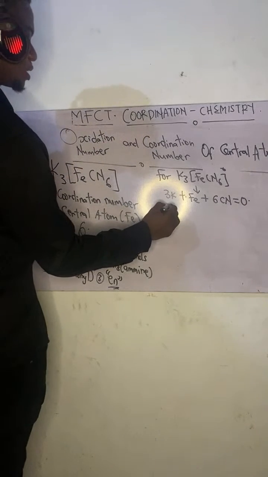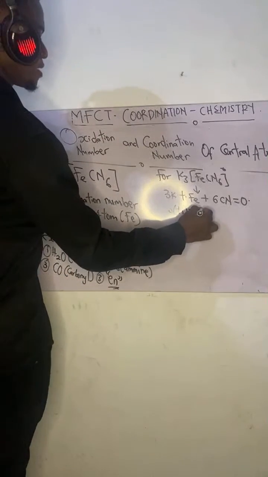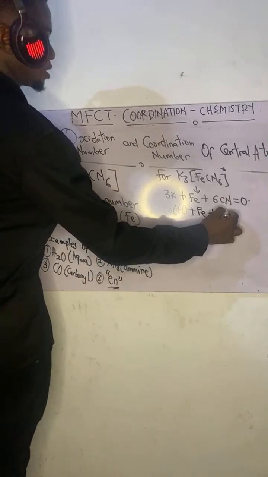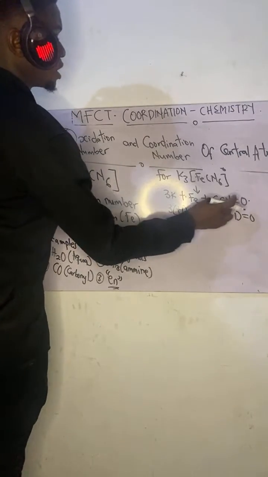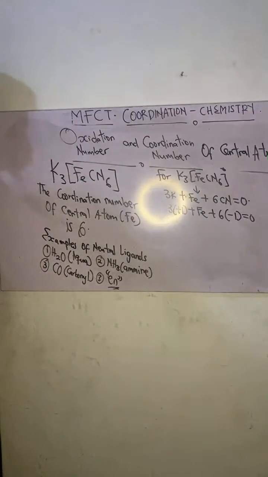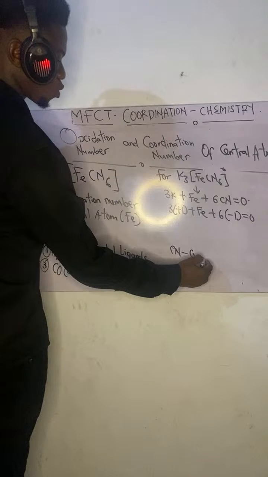So this one will now be 3 times plus 1, plus Fe, plus 6 times minus 1 equals 0.